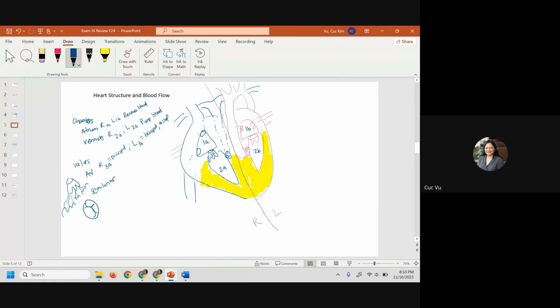Make sense? Likewise, on the left, you can write down left AV valve or just bicuspid valve or just mitral valve. Don't do weird combinations.